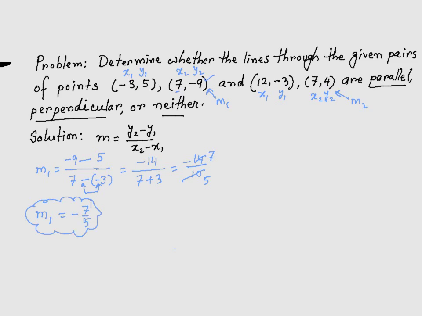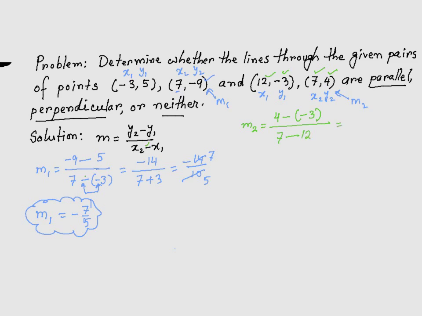Now in exactly the same way, I'm going to find the slope of the second line, and I call that slope m2. m2 is going to be y2 minus y1. y2 is 4 minus y1, -3, put it inside the parentheses to avoid confusion. Then x2 is 7 minus, this minus is from the formula, x1, which is 12.